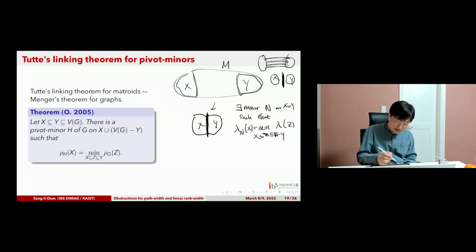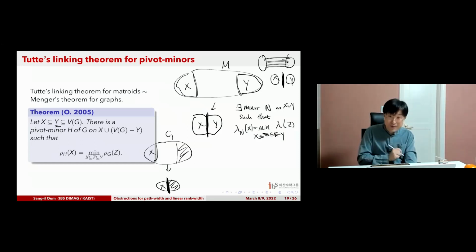It's the same thing, except my Y is the complement of Y here. Okay, so everything is the same. So whenever we have a graph, and here's X and something, then I can find the pivot minor where the cut rank of this is equal to the minimum order separation between X and this thing. Okay, so that's the analog of Tutte's linking theorem for pivot minors.